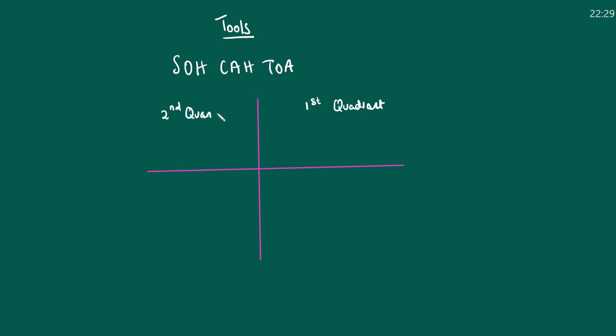The second quadrant is between 90 degrees and 180 degrees. Then we have 0 degrees, so this is also 360 degrees, and then 270 degrees.